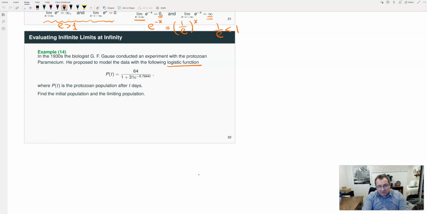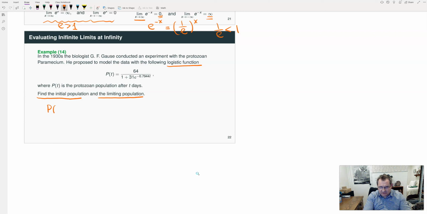And the function is given over here. The claim is that this function fits the collected data and represents the population of the parasite after t days. So the question that we need to answer is to find the initial size of the population and the limiting size of the population.